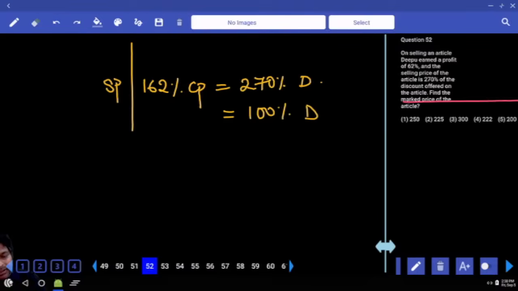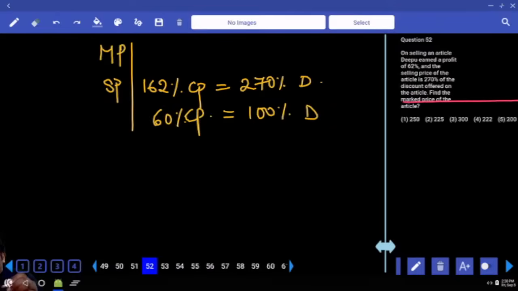Now, let me identify the relation here. This is 27 multiple, 6 times, right? So both of these numbers are in the ratio 6 is to 10. Then 100% of the discount will be equal to 60% of the cost price.